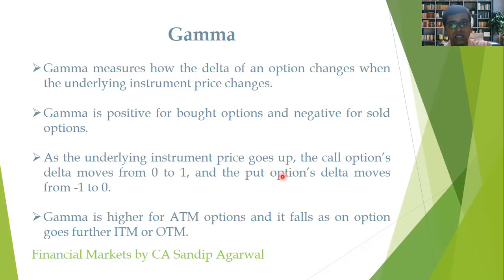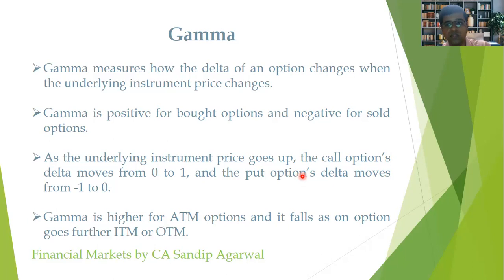This is the maximum value which the call option delta can be. Similarly, in case the underlying instrument starts moving in the upward direction, then the put option delta will start going in the downward direction because the buyer of a put option will lose value. So in case the buyer of a particular put option is having a delta of 0.5 and the underlying instrument starts moving in the downward direction, then the delta of that put option will also start going in the downward direction.